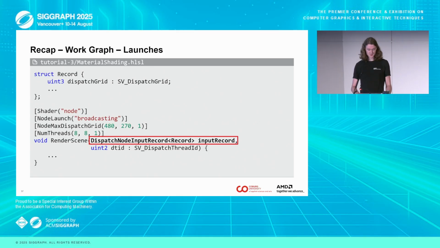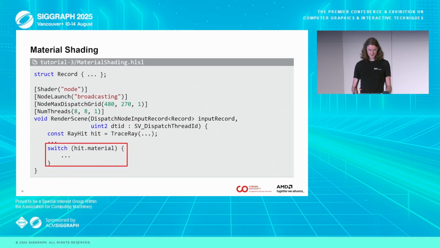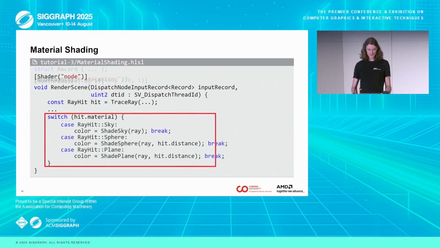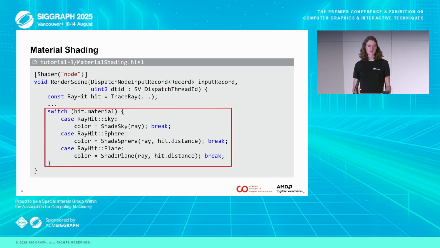So now we've turned this compute shader into a work graph node, but we're still missing the most important part, which is the switch case statement, which is where all the thread divergence came from. And this is still exactly the same. So basically, we've achieved nothing other than we're using work graphs now.